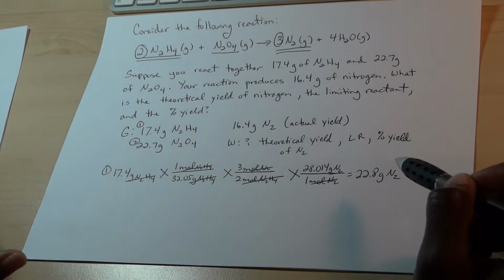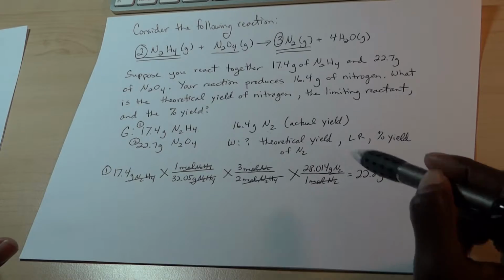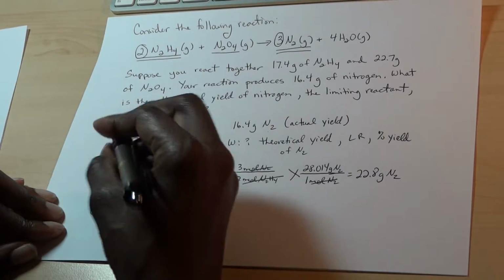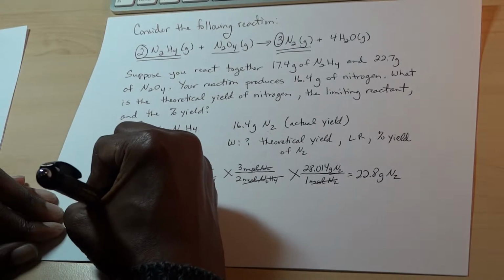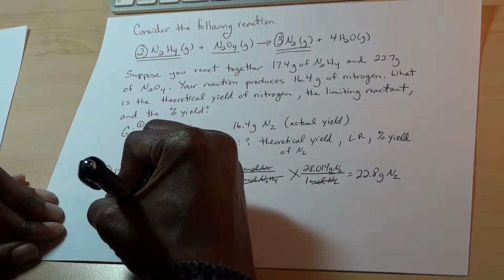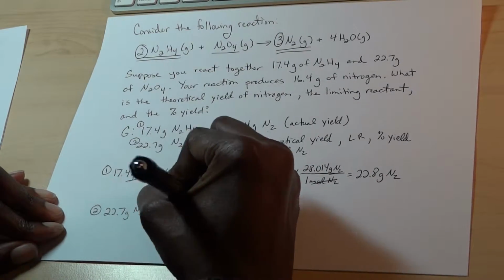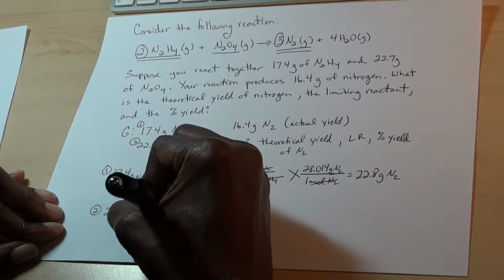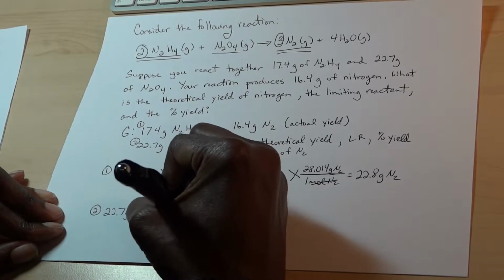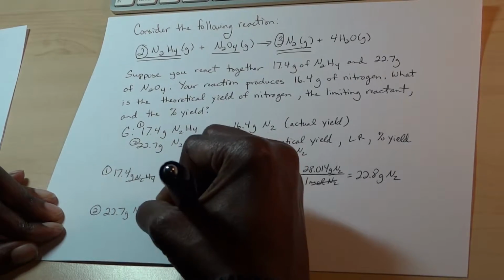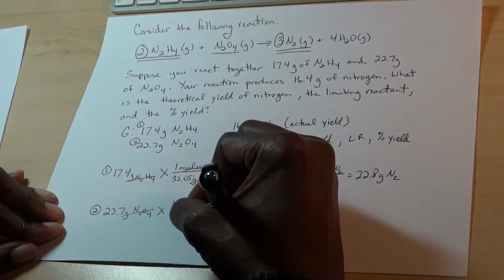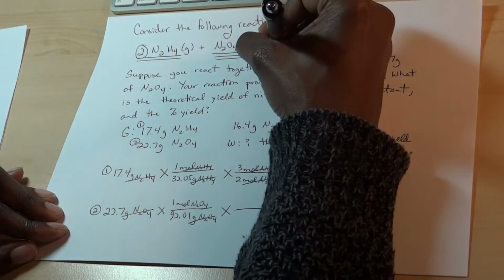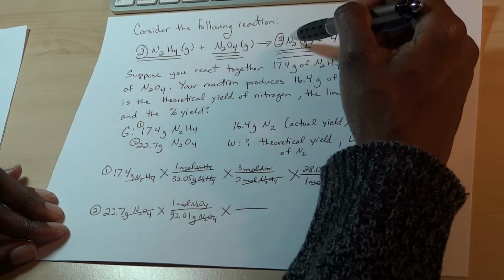Now, we need to see how much nitrogen we can make from the N2O4. So let's do the same thing again, starting with the 22.7 grams of N2O4. We need the molar mass of N2O4, and that's 92.01 grams of N2O4. Grams of N2O4 cancel. We need the mole-to-mole ratio, because now we're looking at N2O4 and nitrogen.